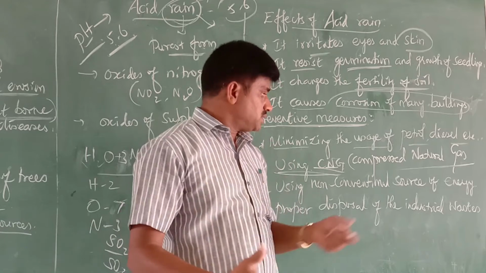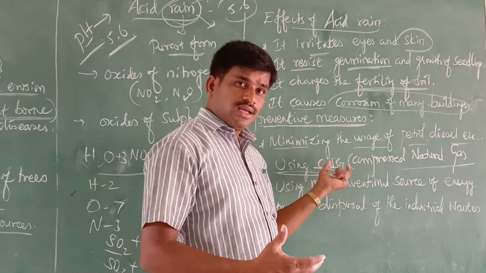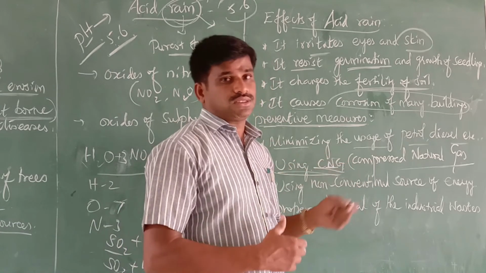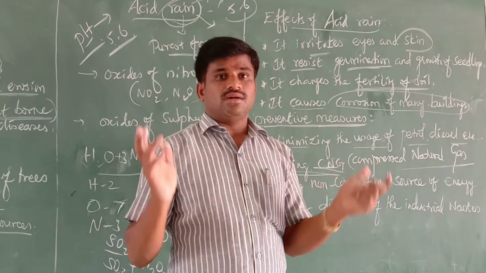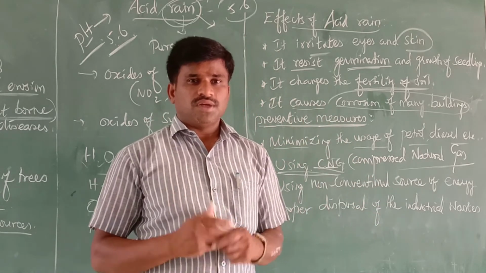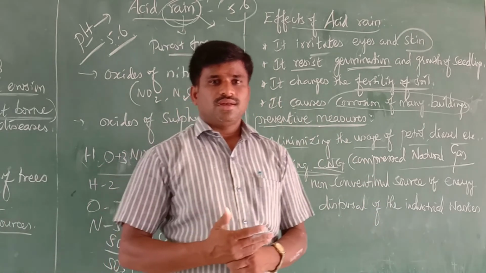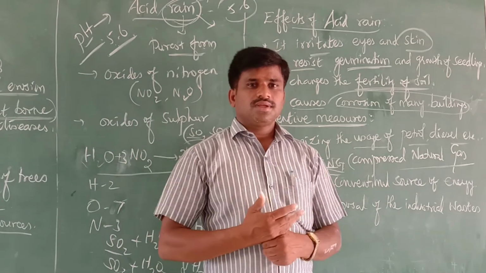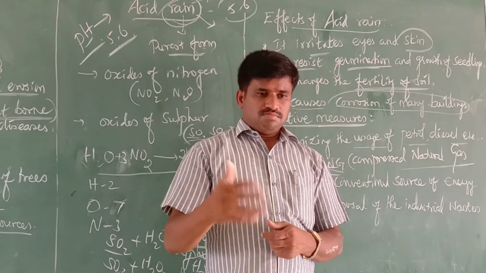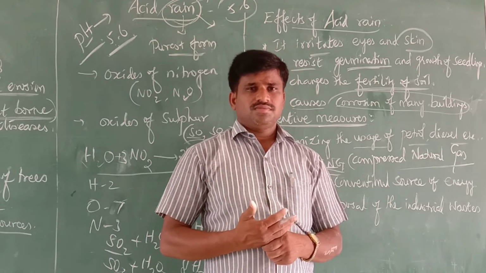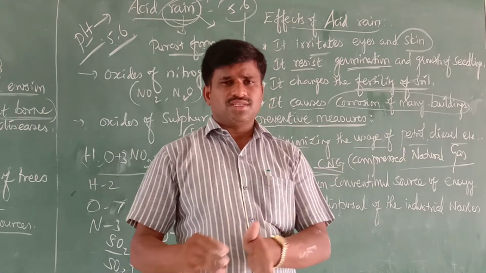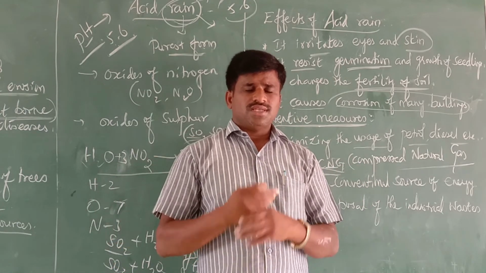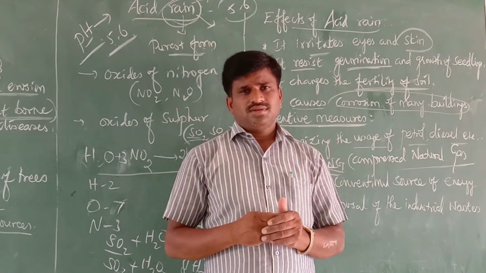CNG is used as a fuel for buses even in our capital Delhi, because there is a lot of pollution. Nowadays, in this season, there is a lot of pollution. People cannot live happily in the Delhi cities. In the next three months, high pollution takes place.